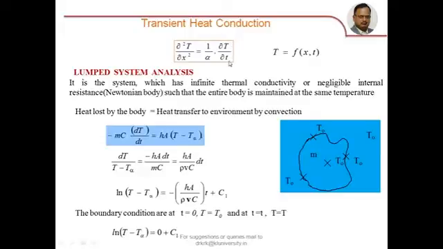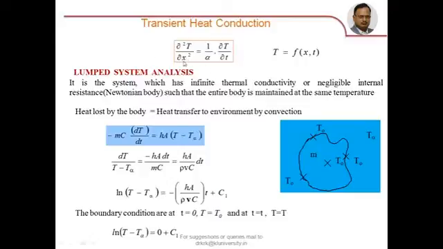That one initial condition is: at time t equal to 0 seconds, what is the temperature of the body? With reference to time, initially at t equal to 0 seconds, we specify the temperature. That condition is hence called the initial condition.